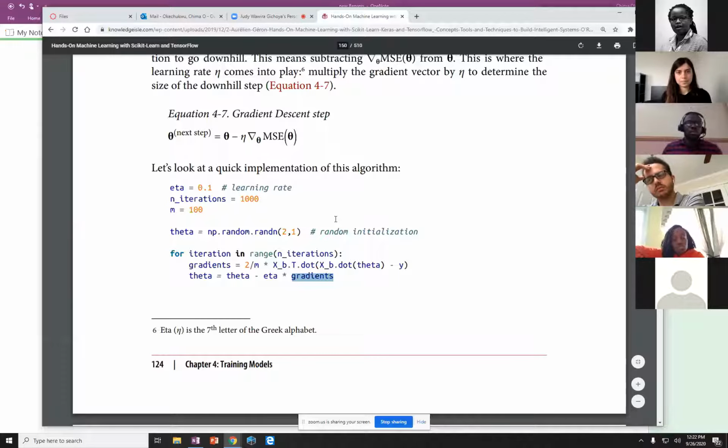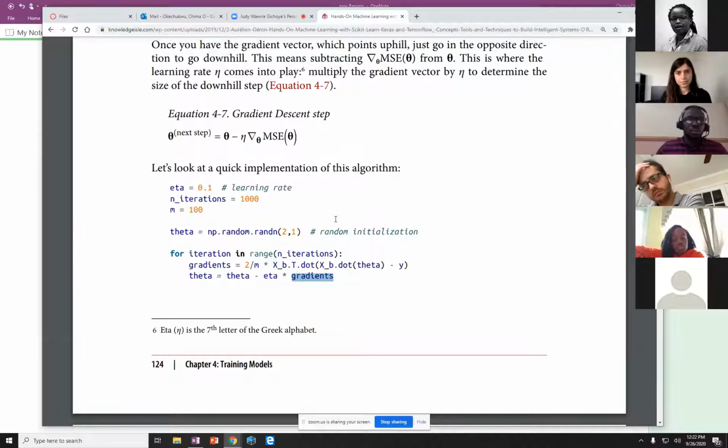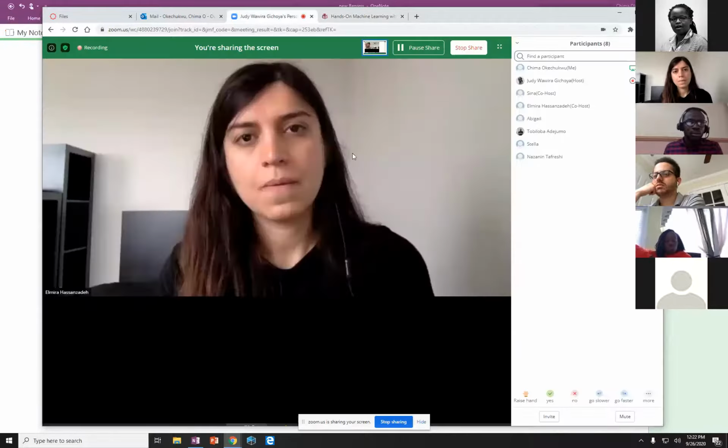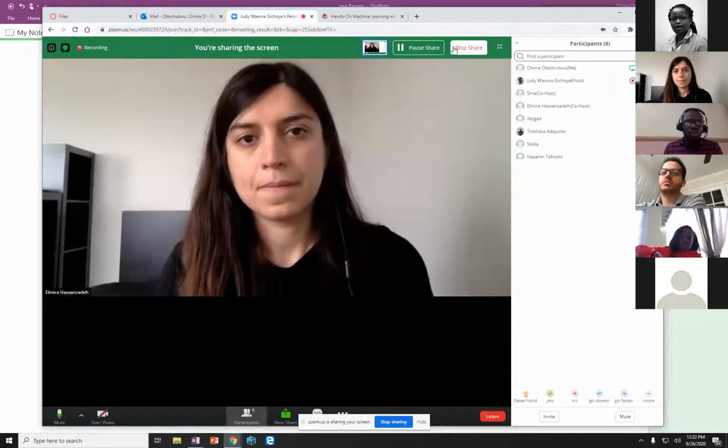And one way you can get the feel for how you're going down is by calculating the gradient, right? These are the 3 steps. So initialize, iterate, and then reduce theta so that you can start coming down. Does that make sense? Yes, it does. I think so, yeah.